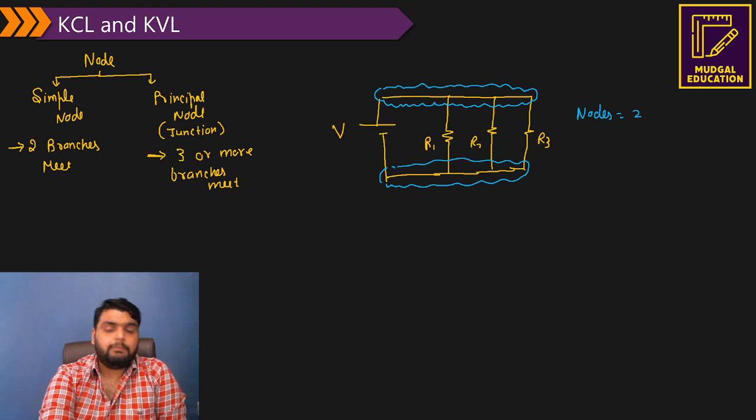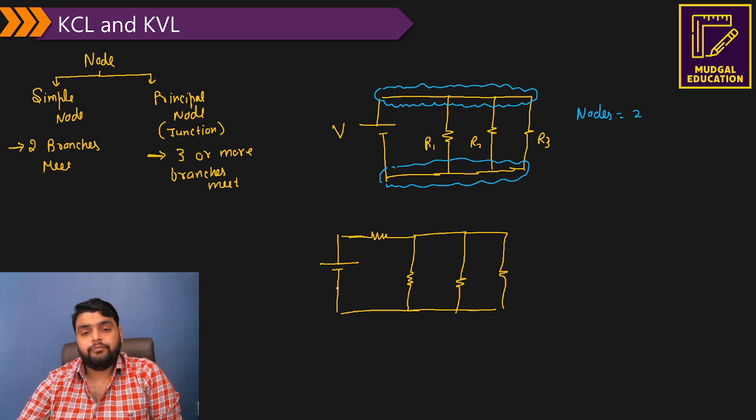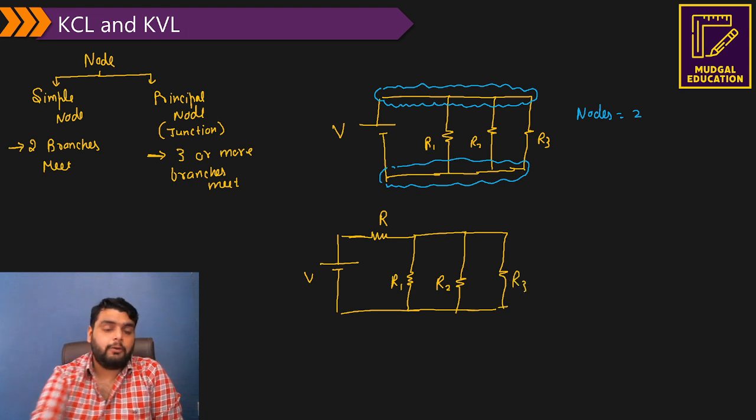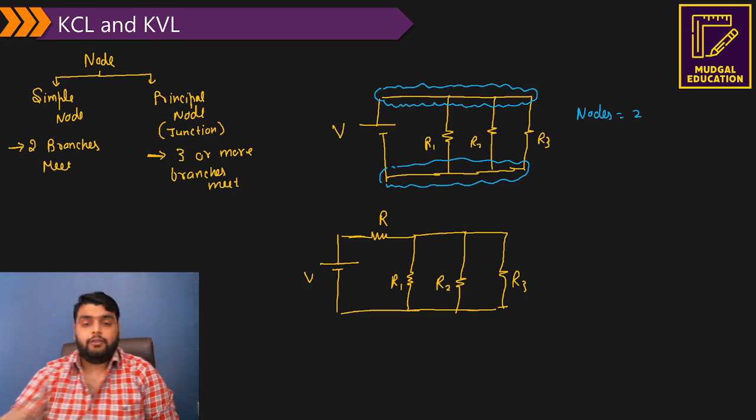Now let me draw one more circuit. If I ask you how many nodes are present here, what will be the answer? You can pause the video and think about it. Let me tell you. See very carefully.